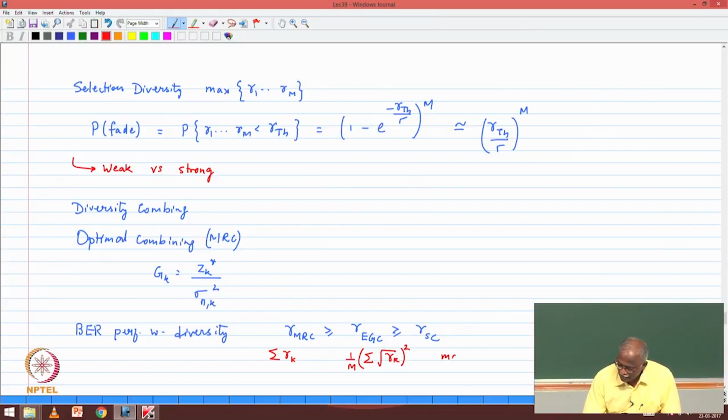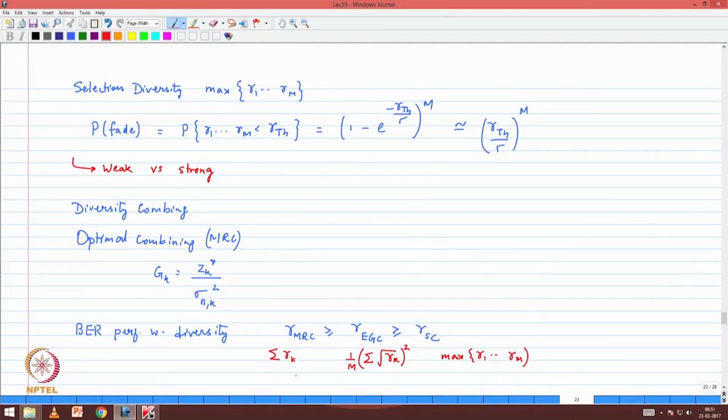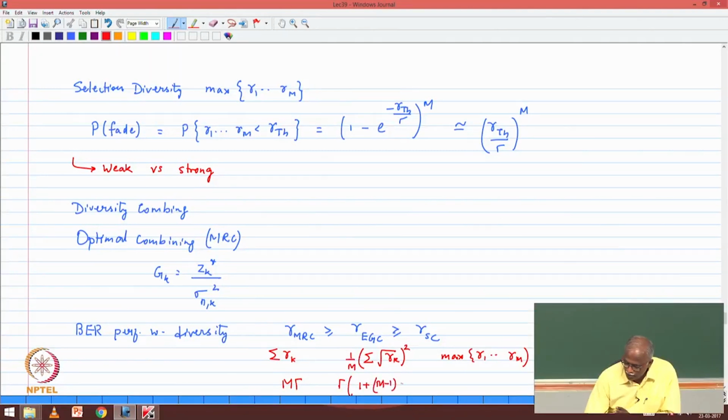And selection combining basically selects the best of all the antennas, the max of gamma 1 to gamma m. And we also showed that when you take the average value, MRC achieves m times gamma, equal gain combining achieves gamma times (1 plus (m minus 1) pi by 4), and selection combining achieves a diminishing return, gamma times (1 plus 1 by 2 all the way to 1 over m).